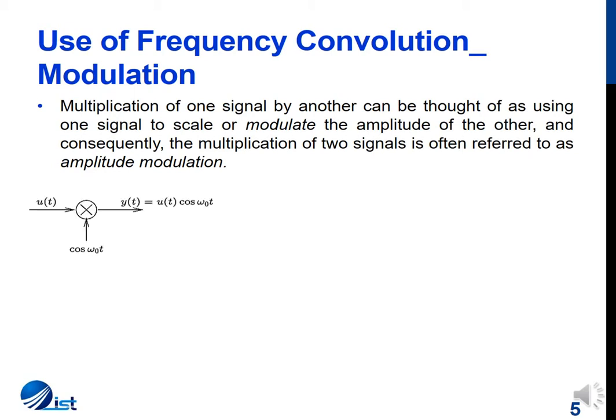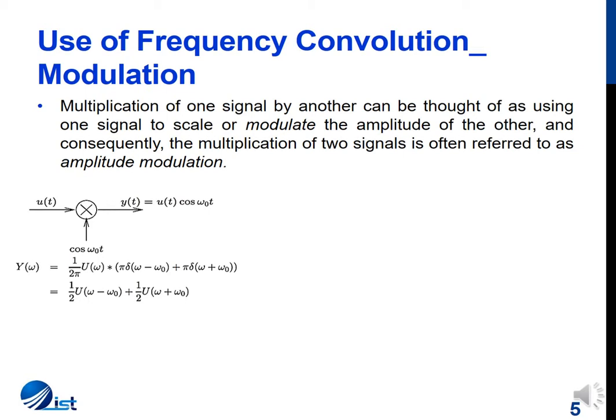So when we multiply two signals, say a low frequency signal u of t is being multiplied by a cosine wave, which is generally the case, the output y of t is u of t cos of omega naught t. Now the Fourier transform of the output, Y of j omega, would be a product of the Fourier transforms of the input signal and the cosine wave.